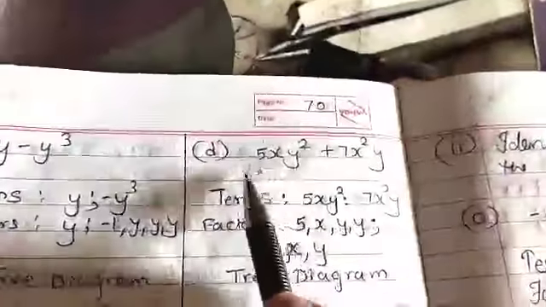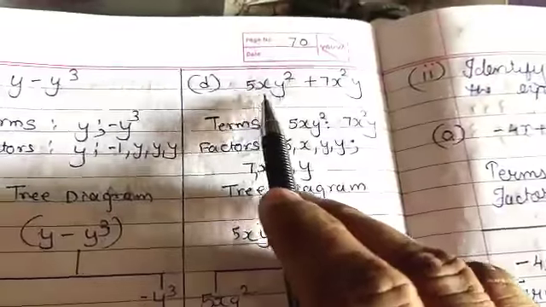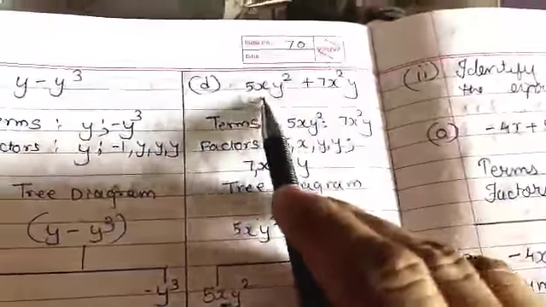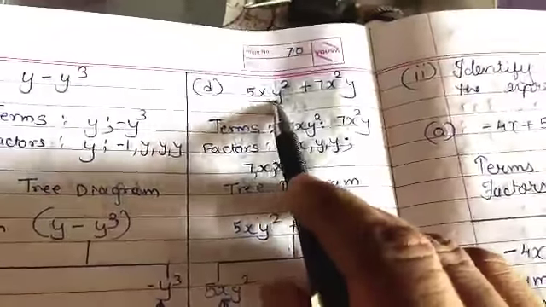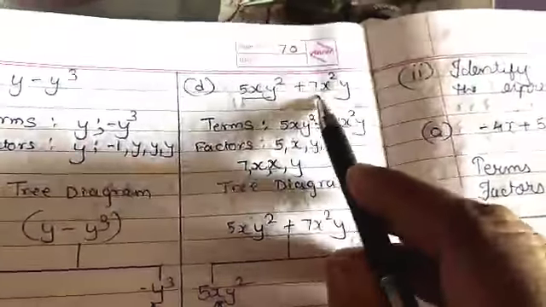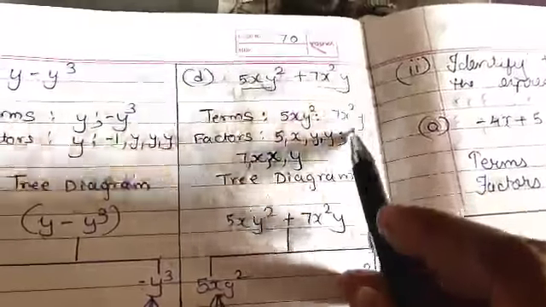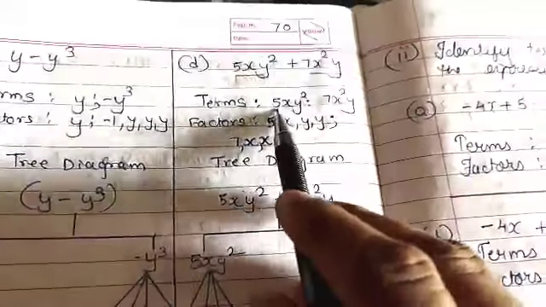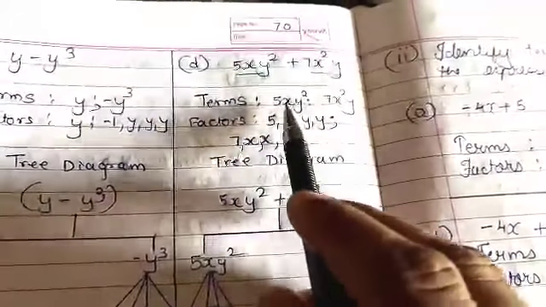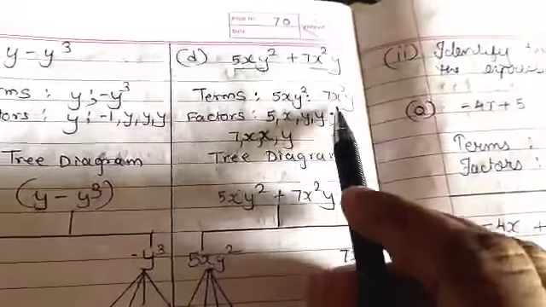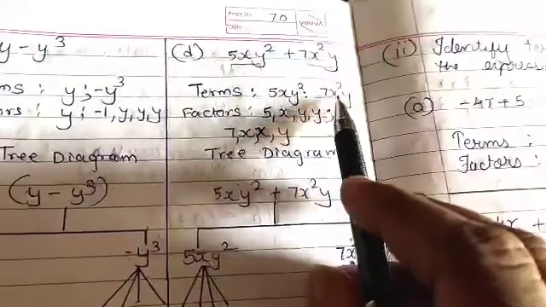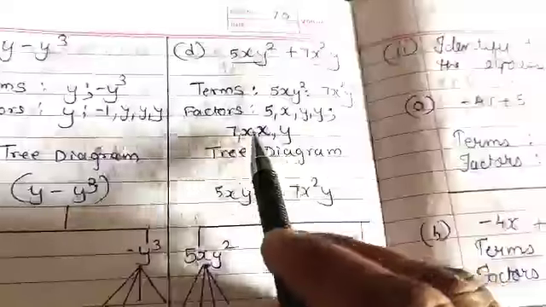Then the next one is 5xy square plus 7x square y. The terms are 5xy square and 7x square y. The factors of 5xy square are 5, x, y into y, and the factors of 7x square y are 7, x into x, into y. x square means x into x.